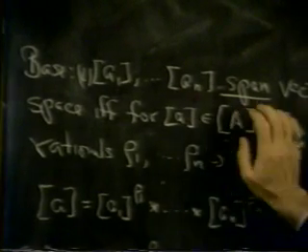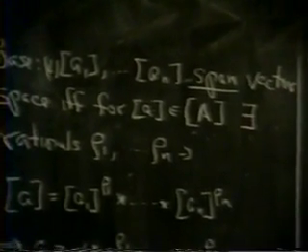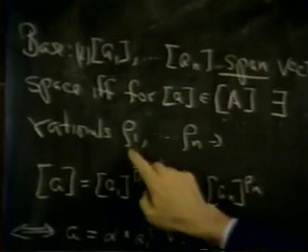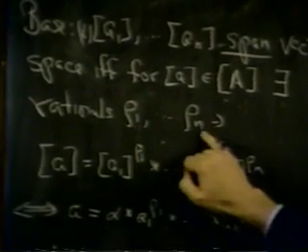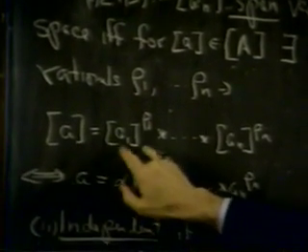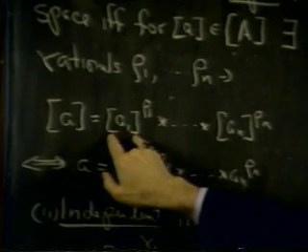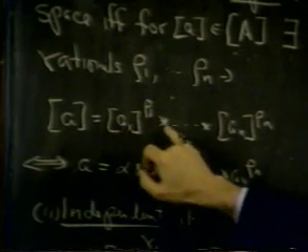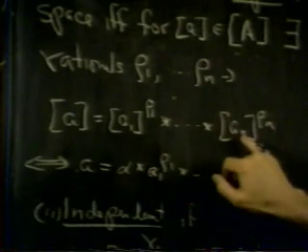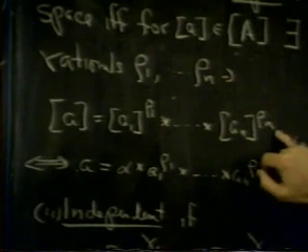First, that it spans the vector space in the following sense: for any other dimension there exist rationals rho 1 through rho n such that that dimension can be represented as the first base raised to the rho 1 power composed with the second one to the rho 2 power and so on to the nth one to the rho n power.